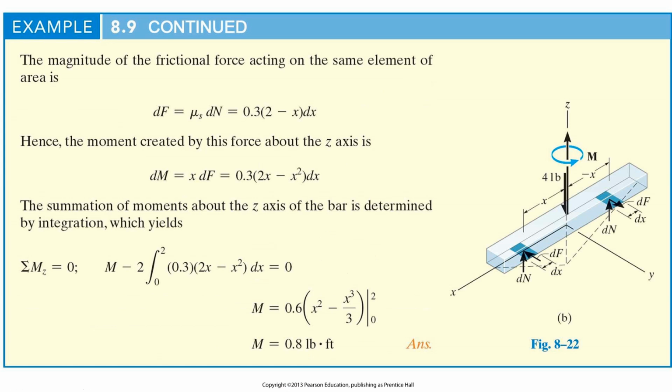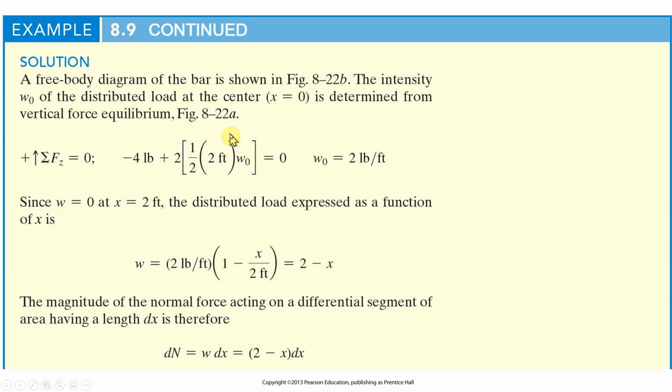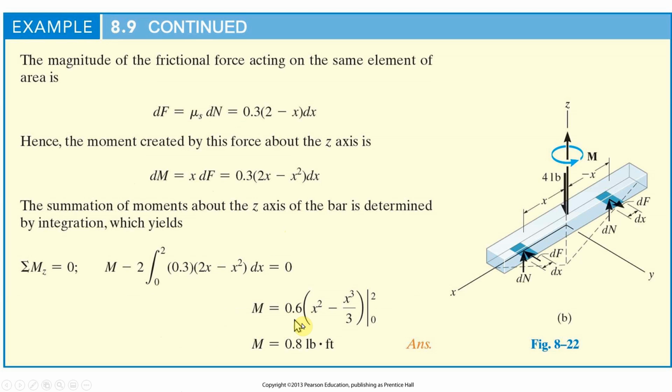And dF is mu s dN, so we'll eliminate dN to get this. 2 minus x dx is dN. So here's 2 minus x dx, and here's the 0.3 for the coefficient of static friction.